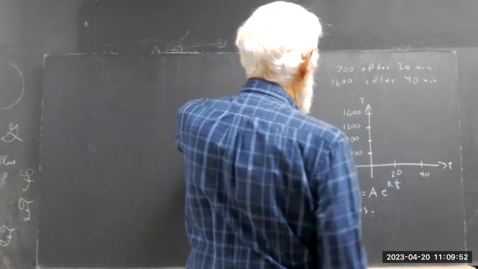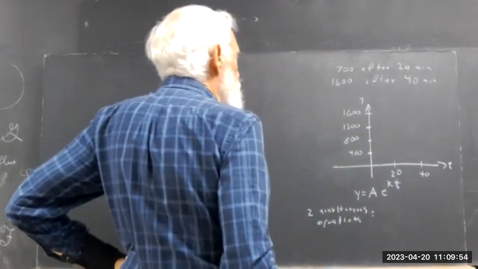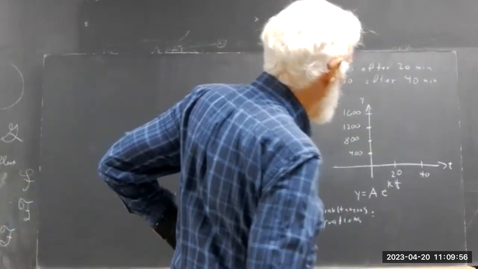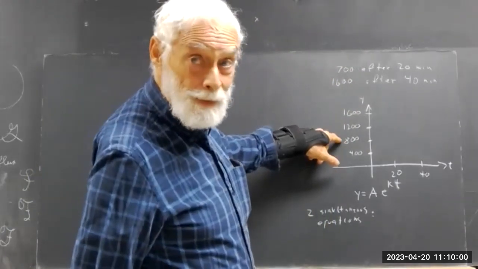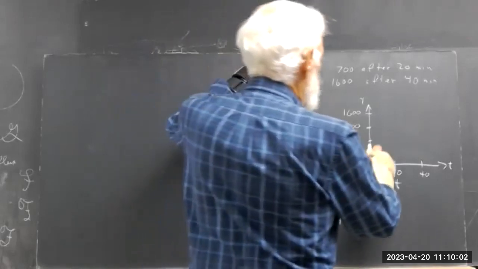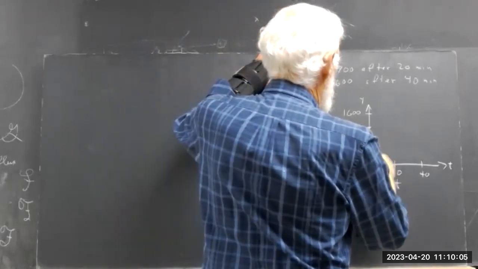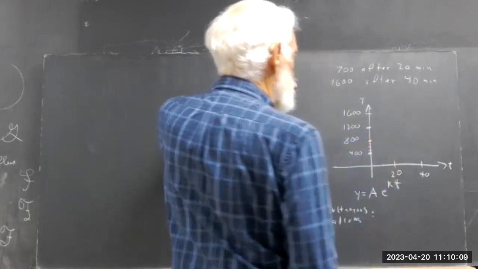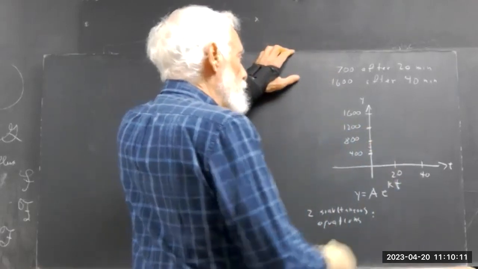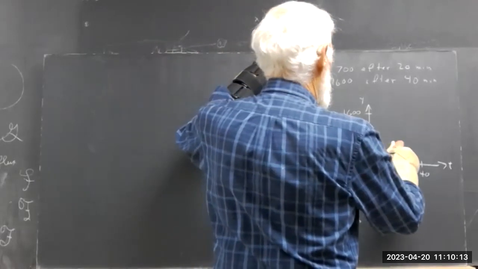We got 1200 there. Okay, well, can we locate 700 on this graph? Well, it's between 400 and 800. So let's go ahead and subdivide this interval in half, and then subdivide each of these in half. And we can see the 700 goes here. So now we can do this.